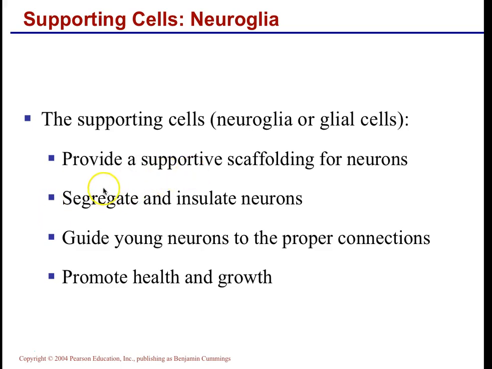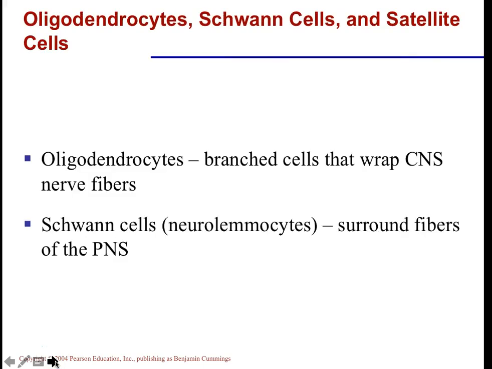So they can provide a scaffolding for neurons. They can segregate and insulate neurons. That's what we're going to talk about. Or they could guide young neurons to proper connections during fetal development. And they can also promote health and growth of neurons in the brain and spinal cord.